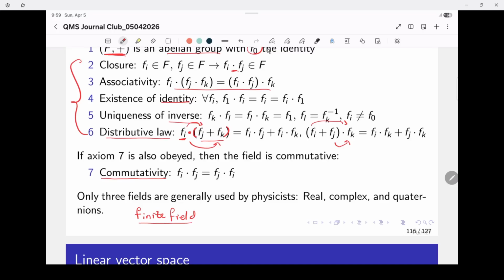I will go into that when we need it, but right now the three fields that we generally use are the real numbers, complex numbers, and quaternions. Don't bother with quaternions for now. If I want to talk about these three things, it will take another hour, so let's stop for now. We just want to focus on real and complex for now.